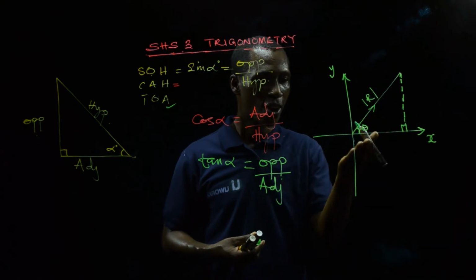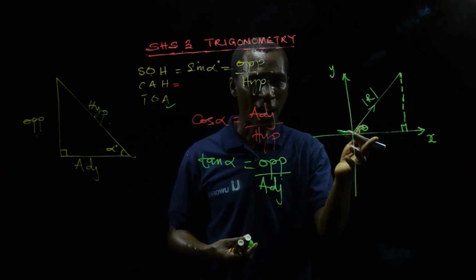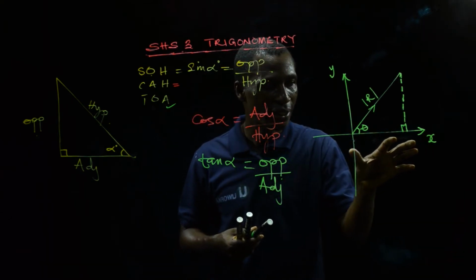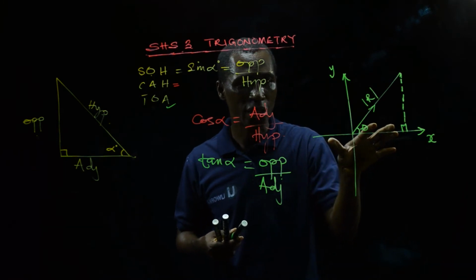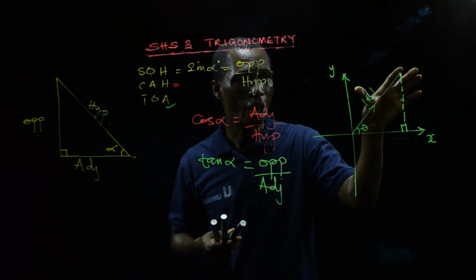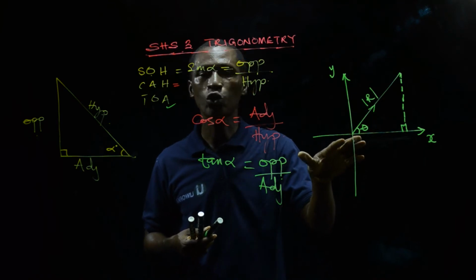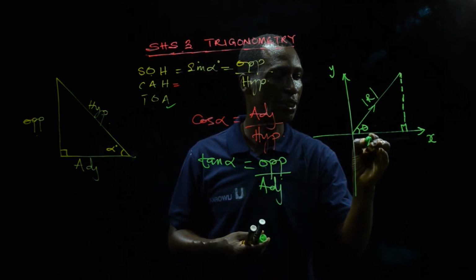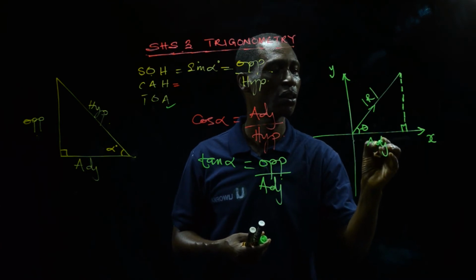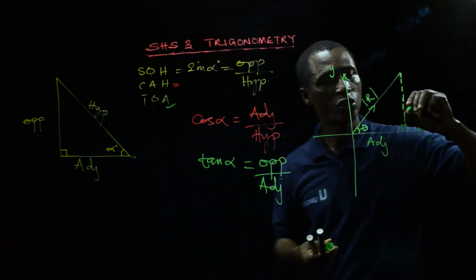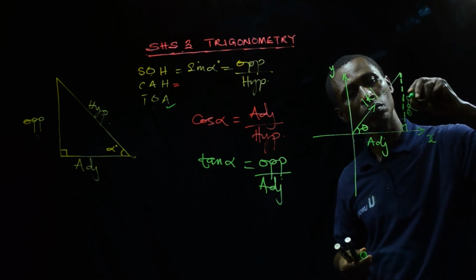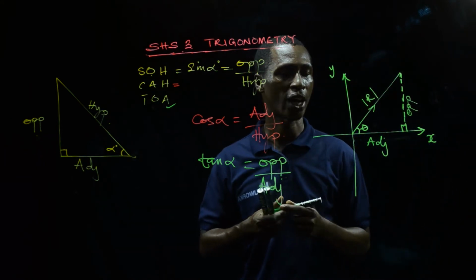From the initial deduction, the adjacent meets the acute angle at the point where the hypotenuse also meets the acute angle, so this is my adjacent. And this place will be my opposite, because this part is facing the acute angle.